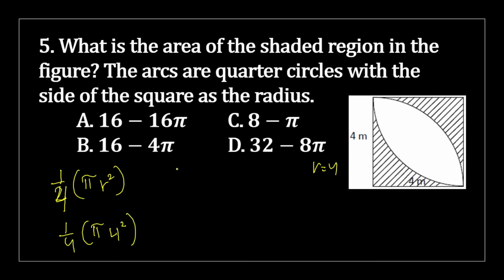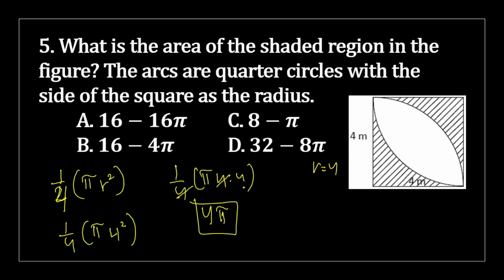So that is 1/4 multiplied by pi 4 times 4 because that is squared. So cancel 4. So we have 4 pi. So this is the area of the circle, 4 pi.